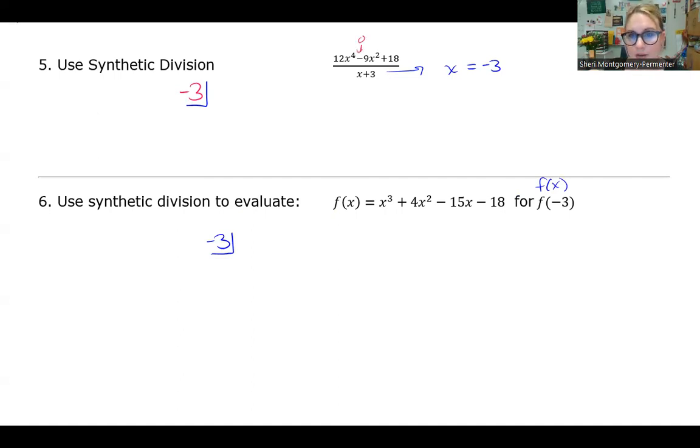Here, there should be a 0. Here, there should be a 0. So when I go to write my setup, I will have 12, 0, -9, 0, 18. That's the setup. Please don't miss the terms, and please make sure you do the opposite.